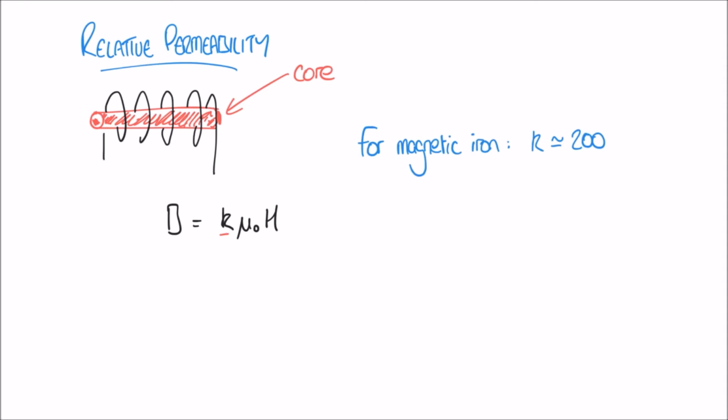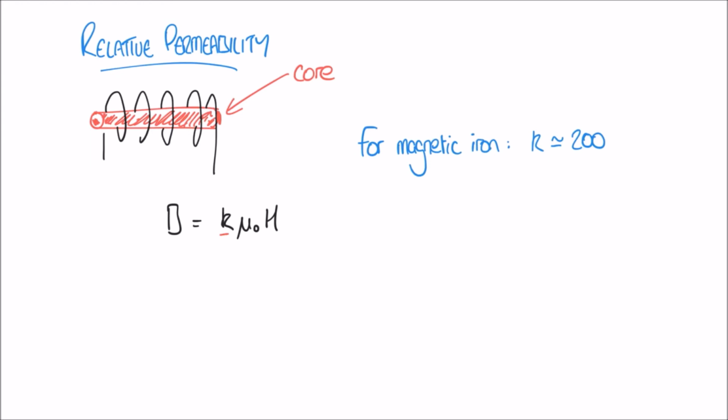The reason this is called the relative permeability is because its value is relative to whatever material the core is made from. For the purpose of example, we're going to consider that the core is made from a magnetic iron, which has a relative permeability of around 200 in this case.